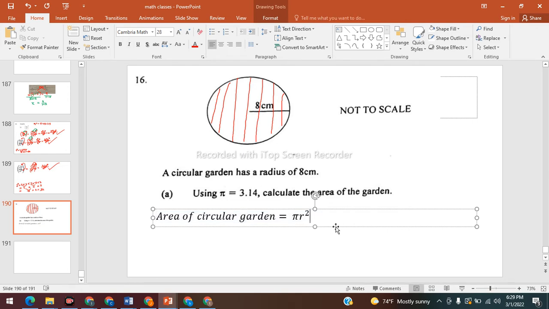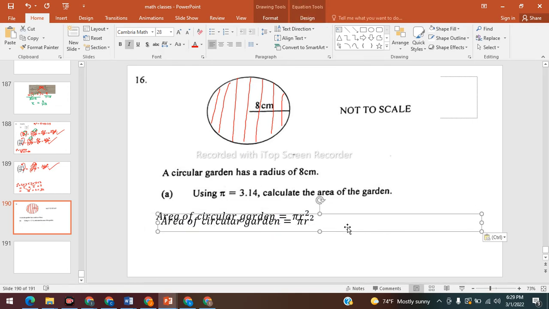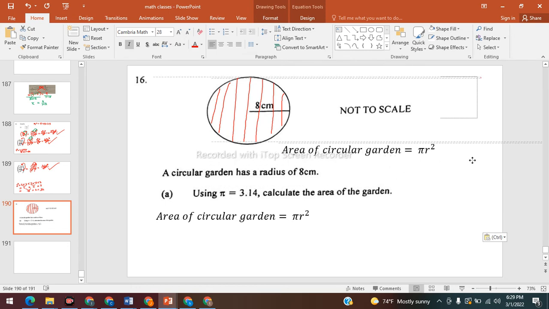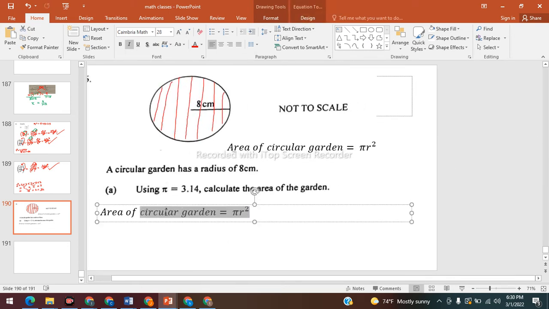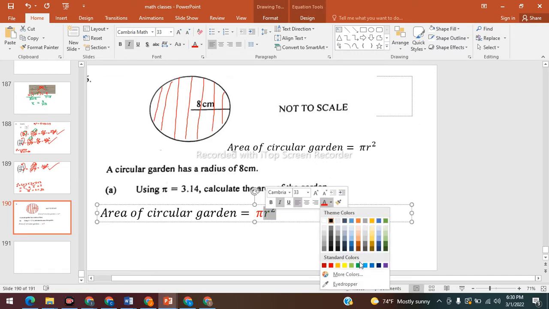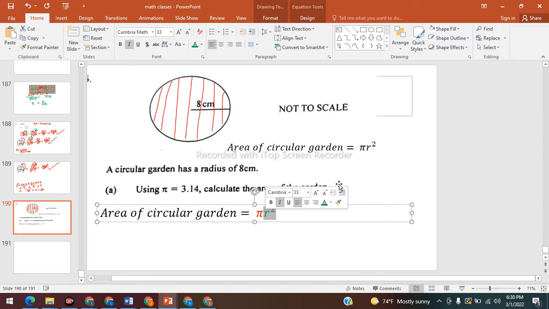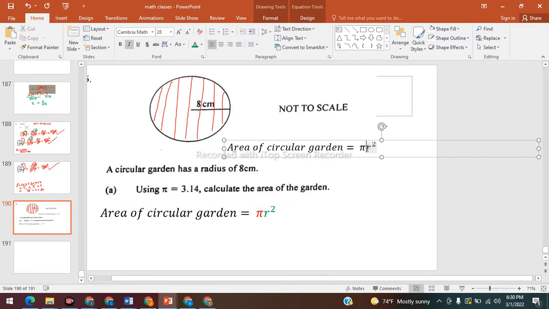Okay, good. So first of all, we know that the area of a circle, the circular garden, is going to be pi r squared because it is the area of a circle. Let's color this red. Let's color this green. The first thing we know is pi.